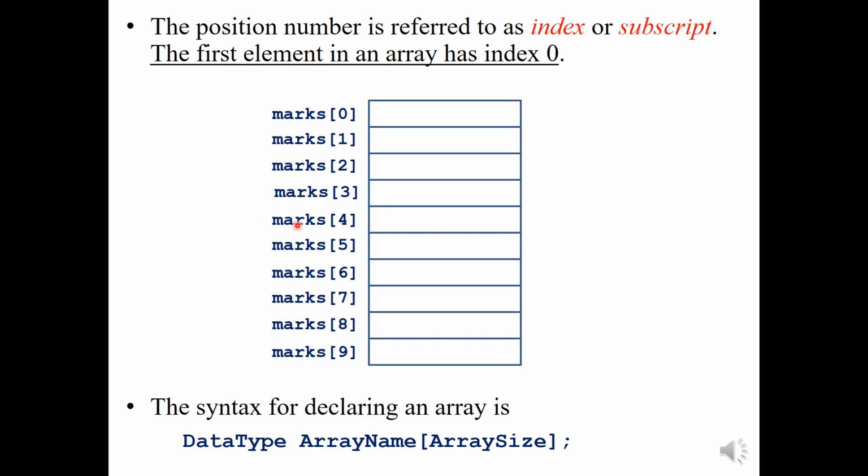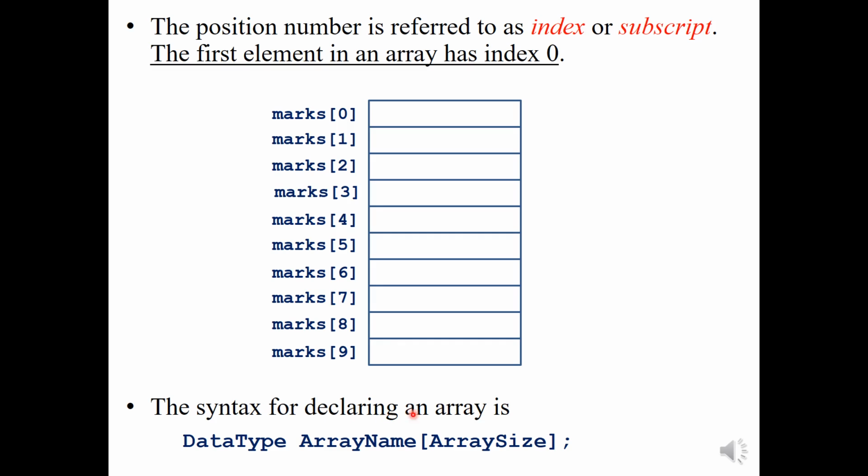So basically marks n will be the n plus 1th element of the array, because the first element is always marked by the index 0. These indices are predetermined, so you will always call the first element as the name of the array bracket 0, then the name of the array bracket 1, and so on.